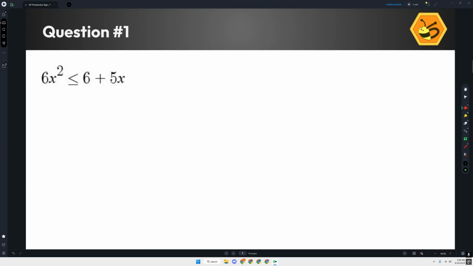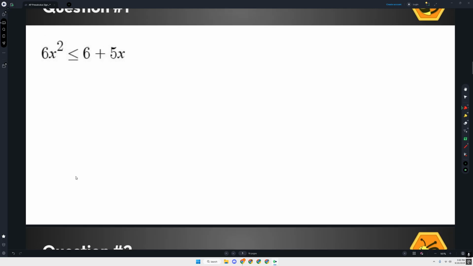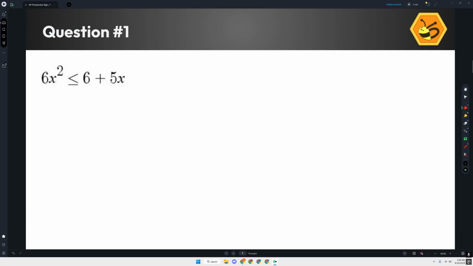I'll give you guys about 2 minutes to try solving this sign charts question. Polynomials. Sign charts are pretty much another way to solve inequalities, so this is a polynomial inequality.